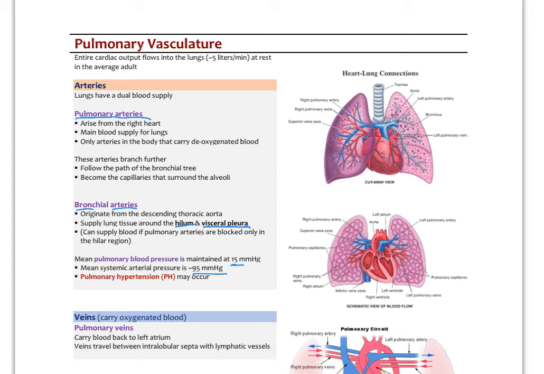Unfortunately, different conditions, for example failure of the left heart, heart failure, can lead to a backup of blood in the lungs, and that can increase the blood pressure, causing pulmonary hypertension. That can create all sorts of problems, basically an effusion of fluid into the lungs, and that can cause effusion down in the alveoli and so forth. So that can be quite a concern.